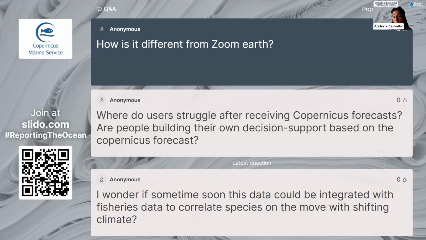Well, it's not very far from that, in the sense that you can see the current state and also the past one. I'm not sure if you can do that in Zoom Earth. But you also have timely information provided on the time series, for example. We also provide consolidated trends for each of the ocean variables, displayed above the graph.